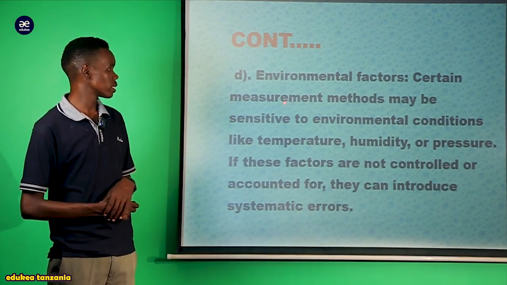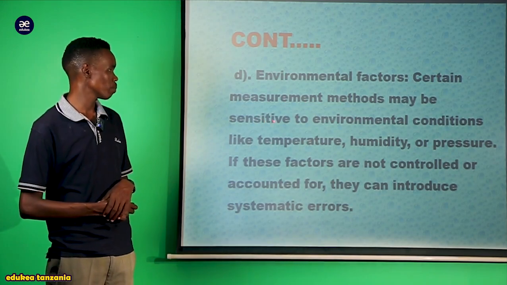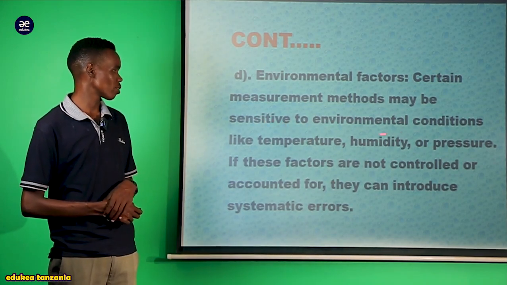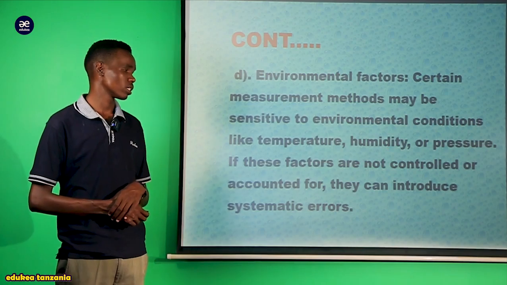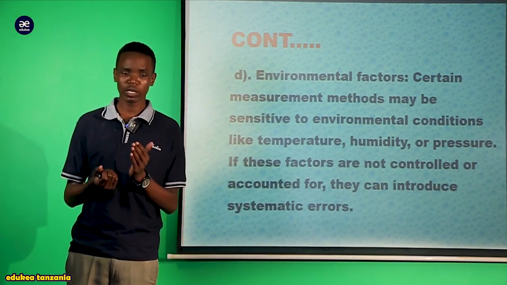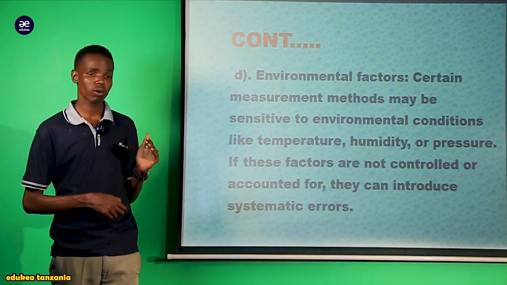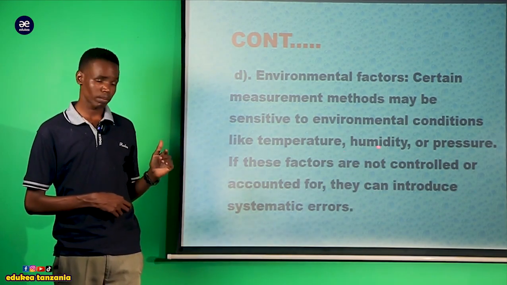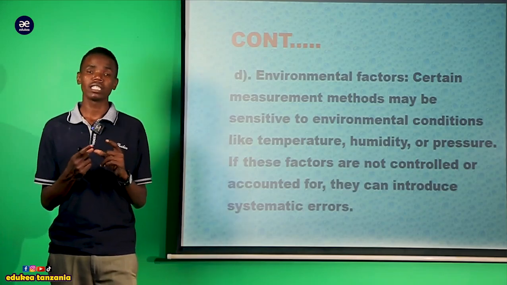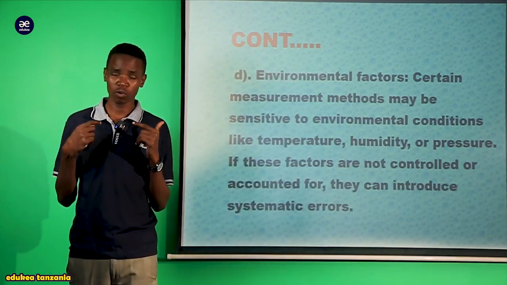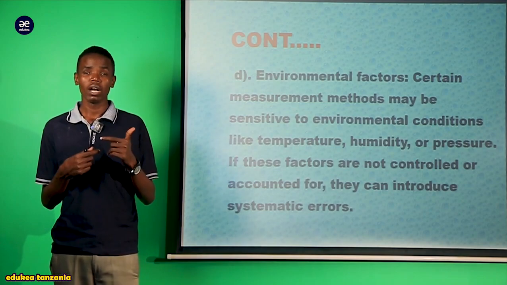You can read here that certain measurement methods may be sensitive to the environment, like temperature, humidity, or pressure. Most of the instruments can be affected by environmental conditions such as temperature. Kuna baadhi ya vifaa haviruhusu sana kuweza kuvitumia kwenye mazingira ambao kuna temperature ndogo au kuna temperature kubwa. And so on the humidity.